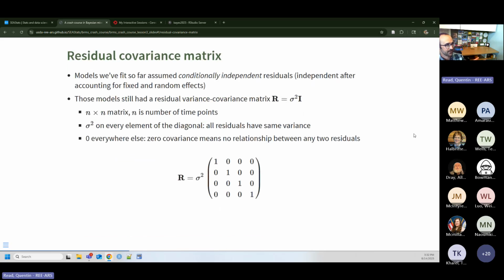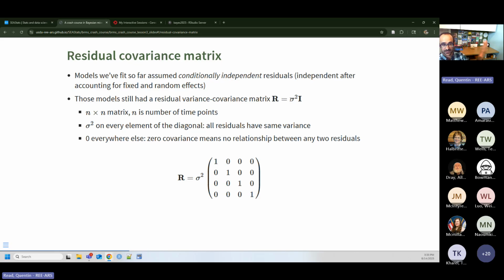Here's a bit of math. So far, as I mentioned, we have assumed that after you account for all fixed and random effects, the residuals are independent from one another. We call that conditionally independent because it's conditional on the fixed and random effects. There's still a residual variance covariance matrix in the model, which we call R, the R matrix.